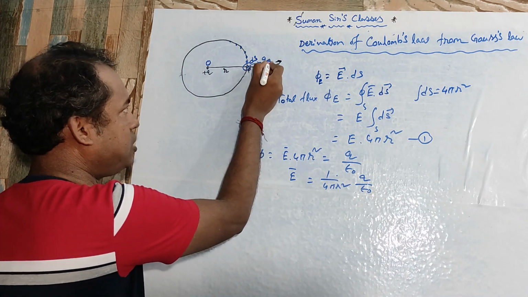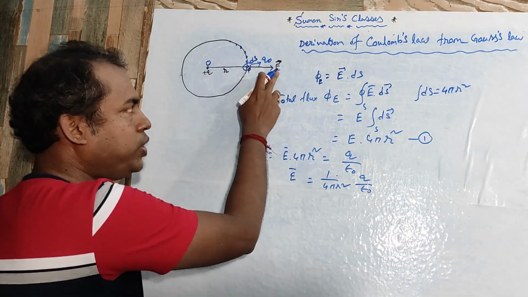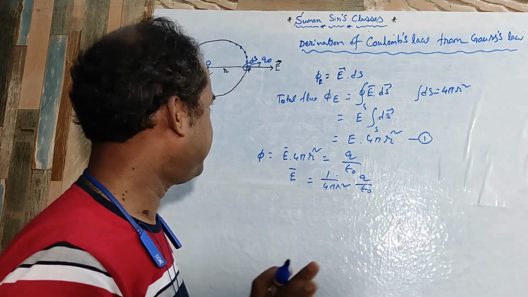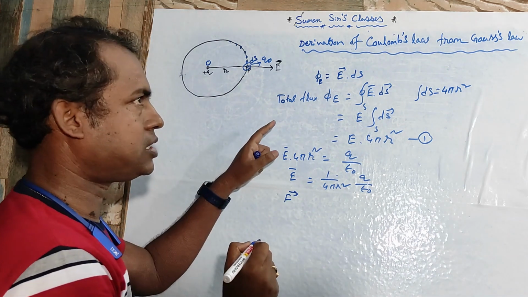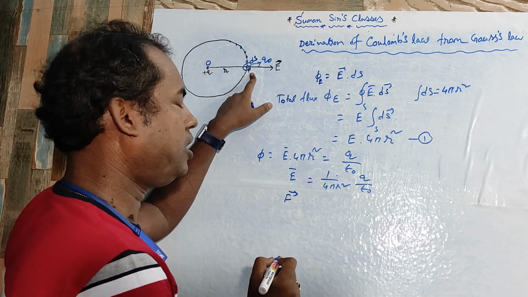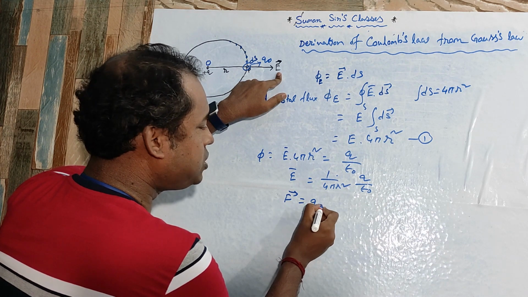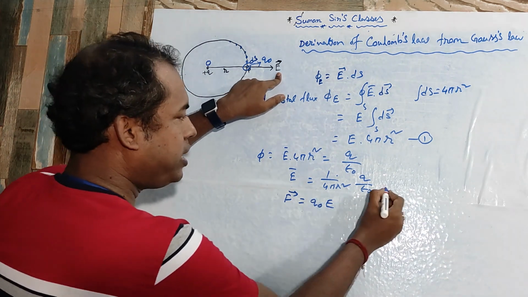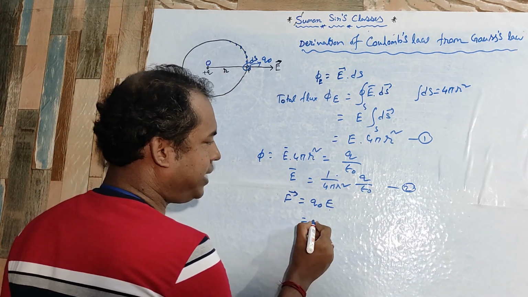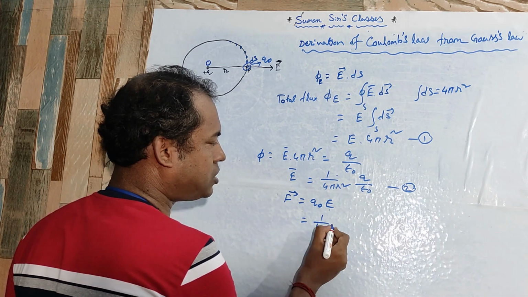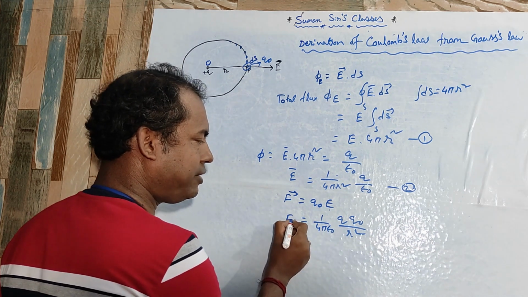This test charge is Q0. If Q0 is present at the position P, it is in the electric field E. So we can write the total force acting on the test charge placed at the position P in the electric field E, that is Q0 into E. Now from equation 2, putting the value of E here, we write 1 by 4 pi epsilon naught Q into Q0 by r square. This is the value of force.